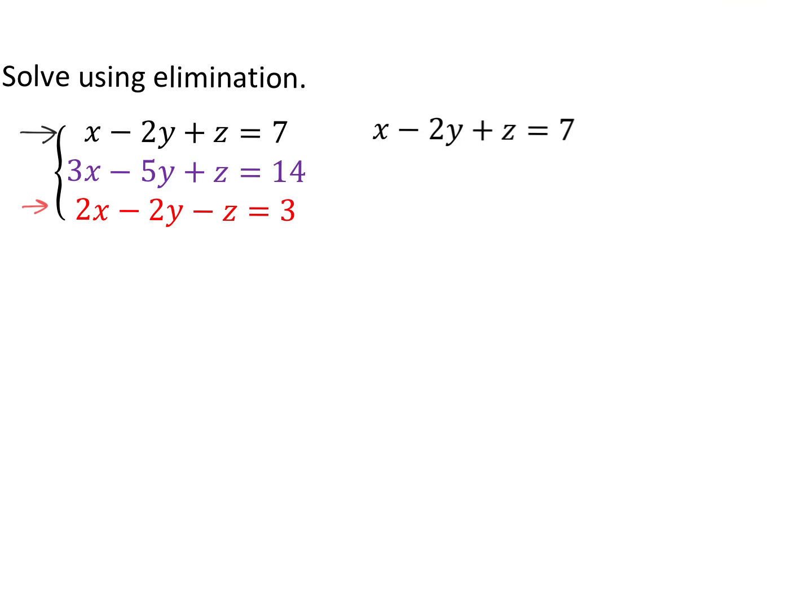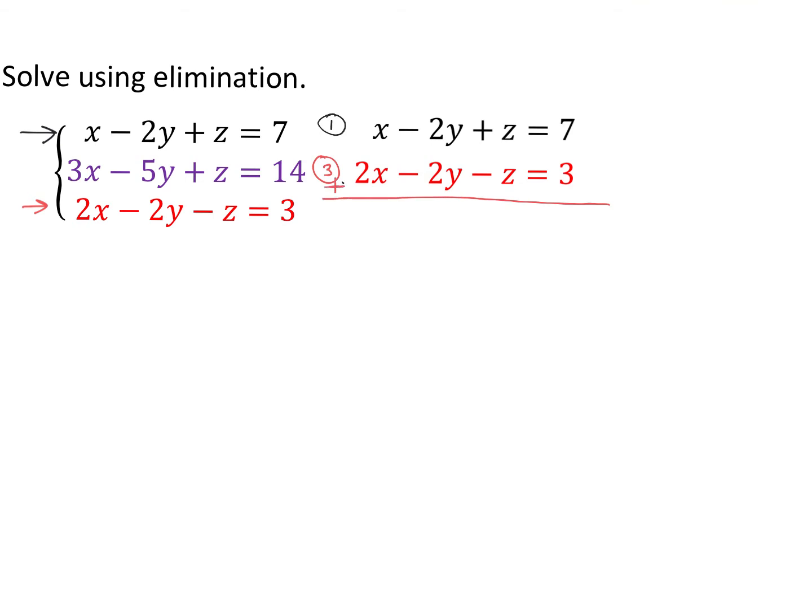So we're going to take that equation and the red equation and just stack them. Just like this. Okay? So notice this is our first equation and our third equation. I'm just labeling which ones they are. We're going to eliminate our z.